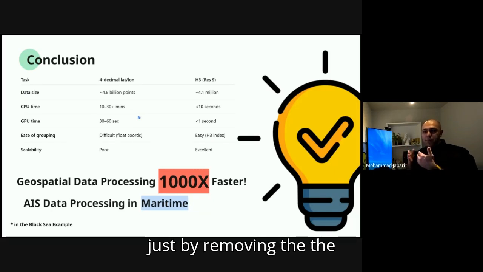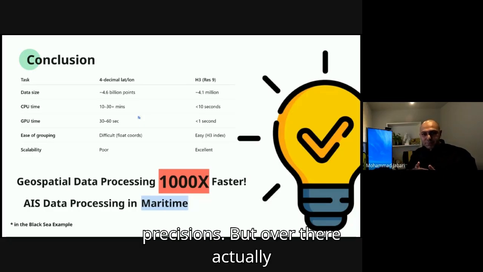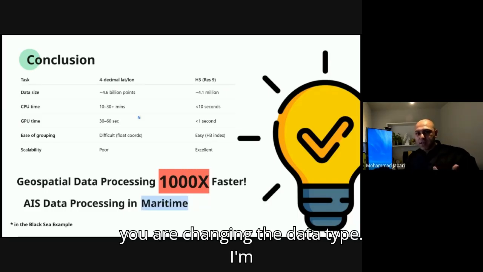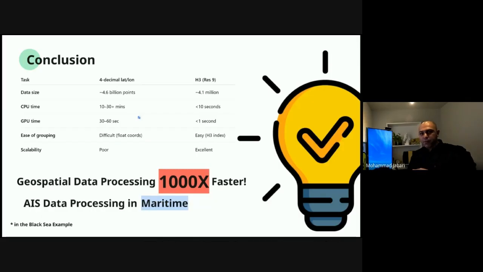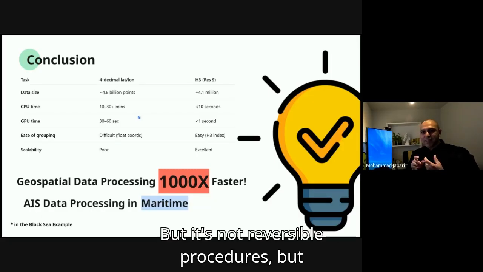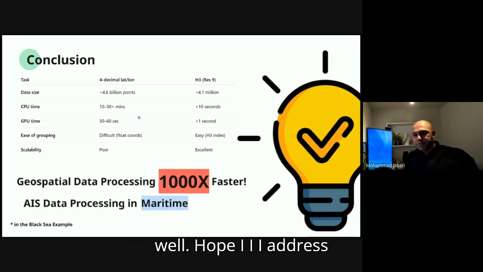By removing digits, you are just removing the precision, but actually you are changing the data type. I'm talking about the technical perspective, and it's not a reversible procedure. But in H3, it's a reversible procedure as well. Hope I addressed your concerns.